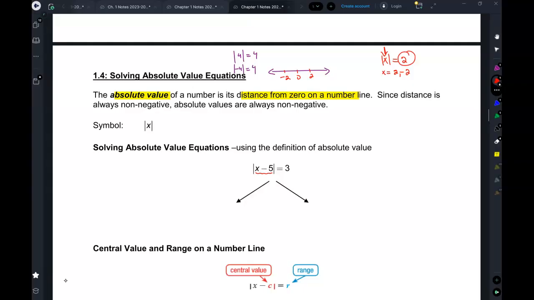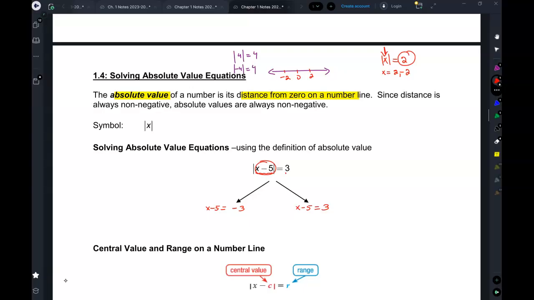What we're trying to say here is that this number x minus 5 is 3 units away from the origin, right? So that number can either be at negative 3 or it could be at positive 3, right?